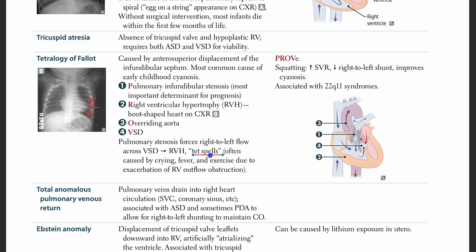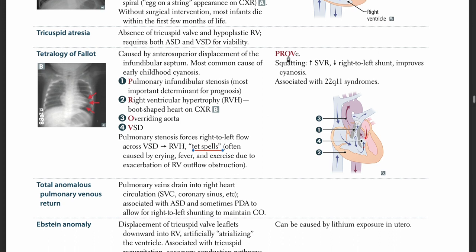It's described as the baby or infant having cyanosis when they cough or cry or something like that. Right. So again, squatting increases systemic vascular resistance, decreases right to left shunt, improves cyanosis. Associated with DiGeorge syndrome, 22q11.